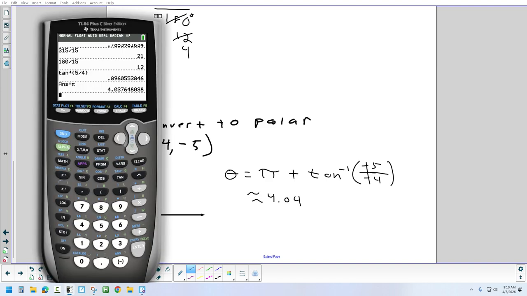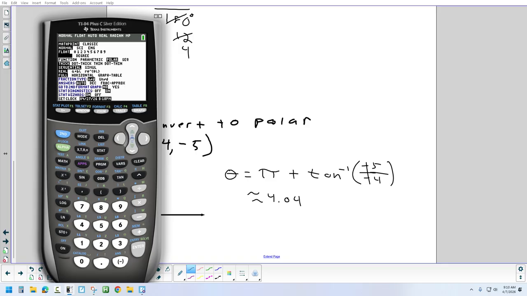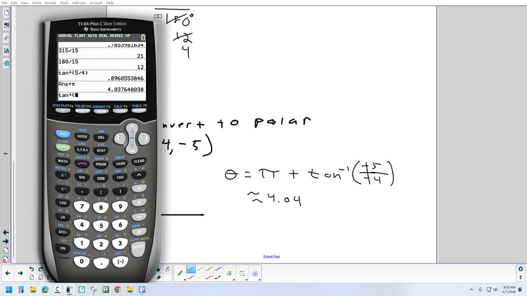Now, if you think, well, let's do it in degrees first to see if we get a nice answer, you won't. So if you do it in degrees, you type inverse tangent of 5/4. You get 51.34. And then if you add 180, well, it's still not a nice number. 231.34.